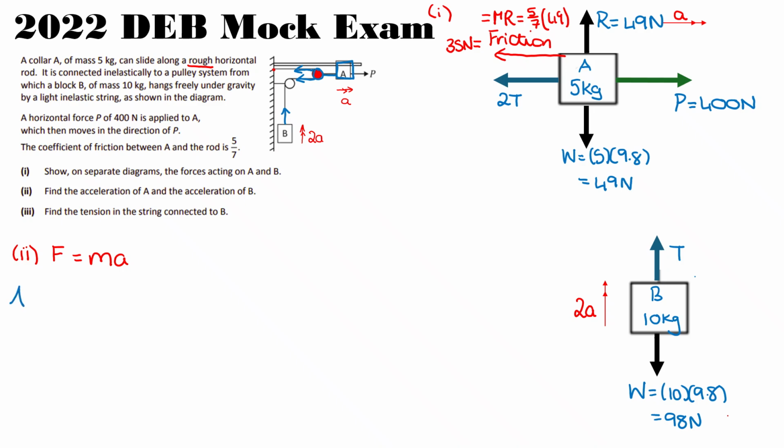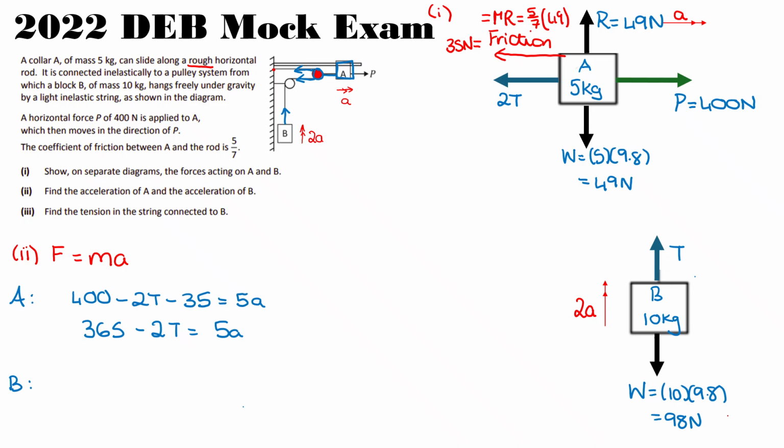So for the A particle, our force we take first of all to the right, so that's 400, minus anything that's pulling it to the left, so that's 2T minus 35, and that is equal to our mass, which is 5, times our acceleration, which is our A. This simplifies down to 365 minus 2T is equal to 5A. Remember that anything going with the direction of motion is positive, anything going against it we'll take as negative.